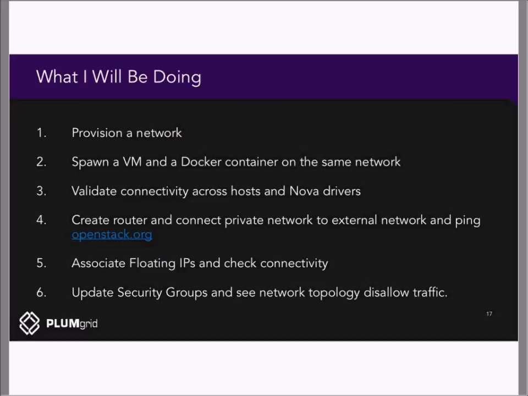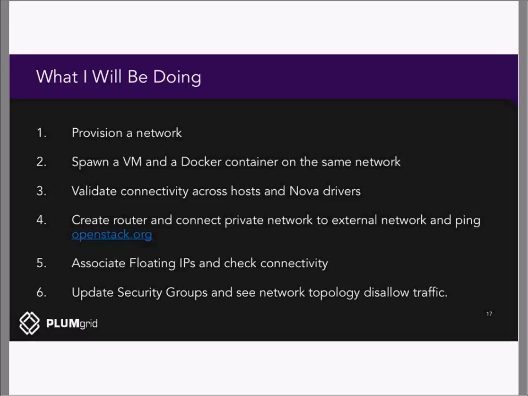What I'll be doing in the demo is provisioning a private network, which is the L2 broadcast domain, through Neutron. I'll spawn a VM and a Docker container on that same network. I'll validate connectivity across these two Nova instances, one of which is going to be a VM and one a container, over this same L2 domain, living on different hosts.